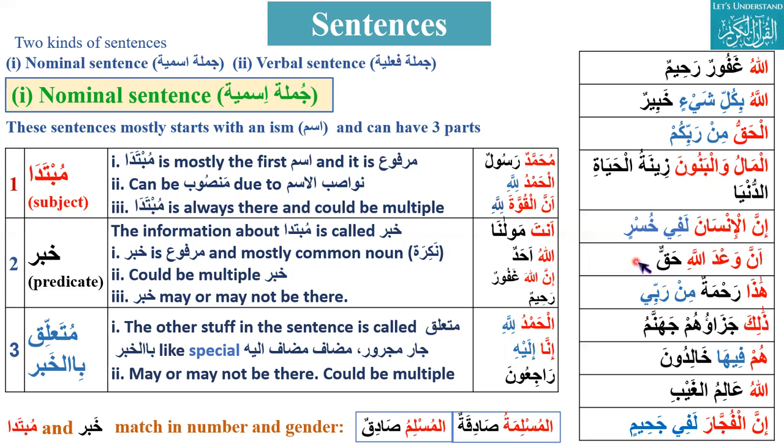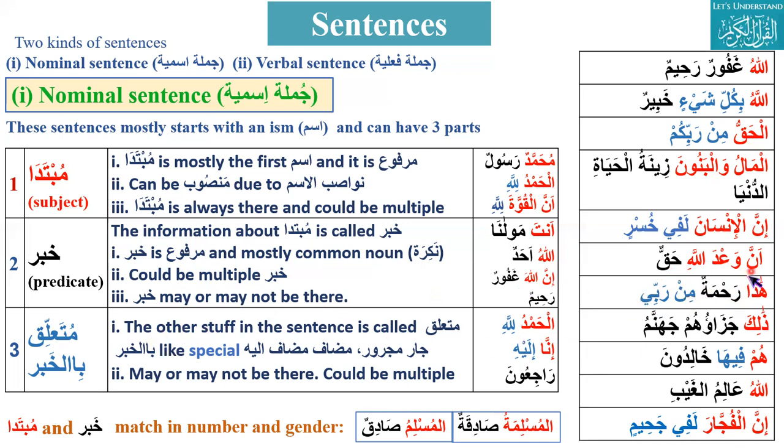Wa'd means promise. Wa'adallahi is the promise of Allah. Haqqun is the truth. That the promise of Allah is the truth.